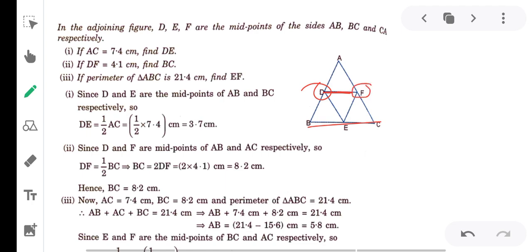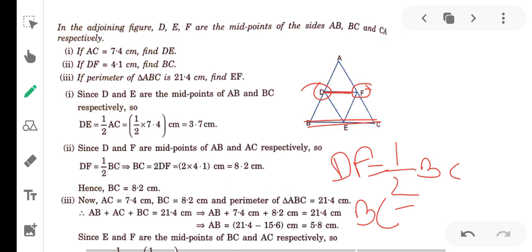So DF is parallel to BC by the midpoint theorem, and DF equal to half of BC. Then BC equal to 2 DF, and the value of DF is 4.1. So 2 into 4.1, that is 8.2 centimeter. Clear?